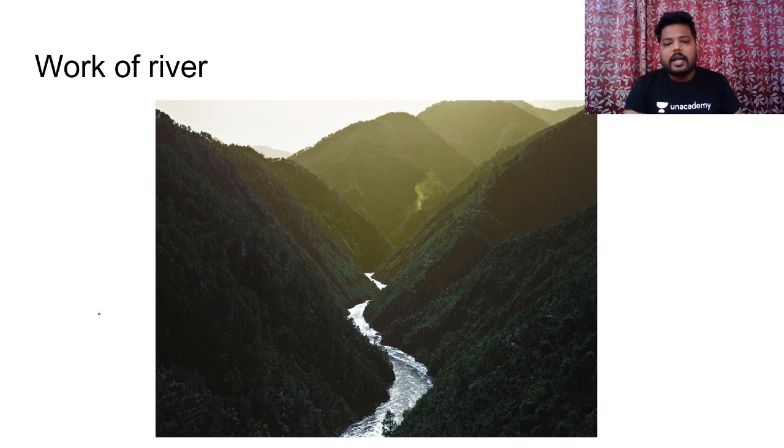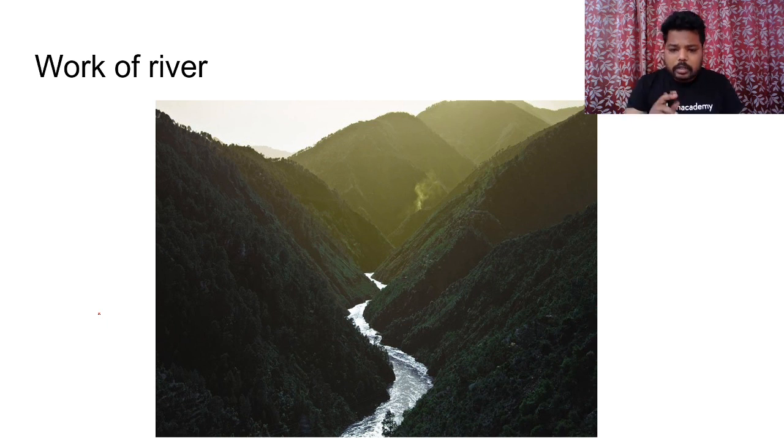Most of the Himalayan rivers in India start from the melting of glaciers at the top of the mountain ranges. Those streams gain velocity because of the steep gradient, and those rivers have a huge volume of water.